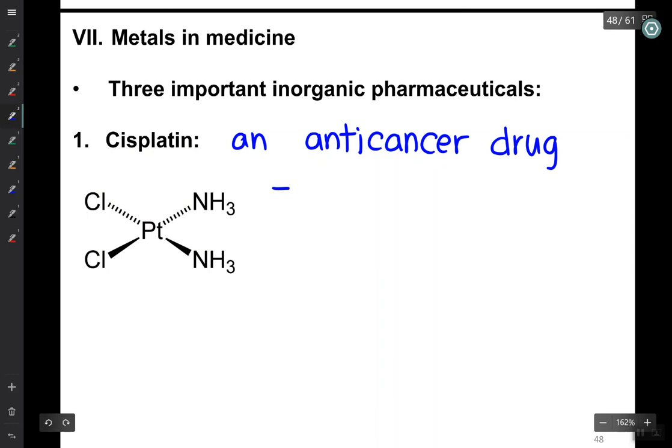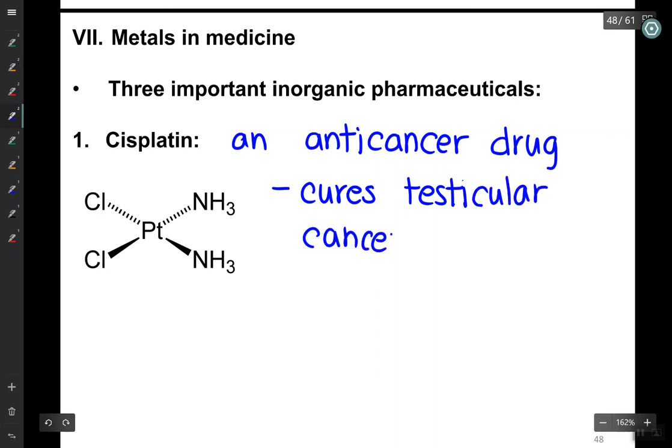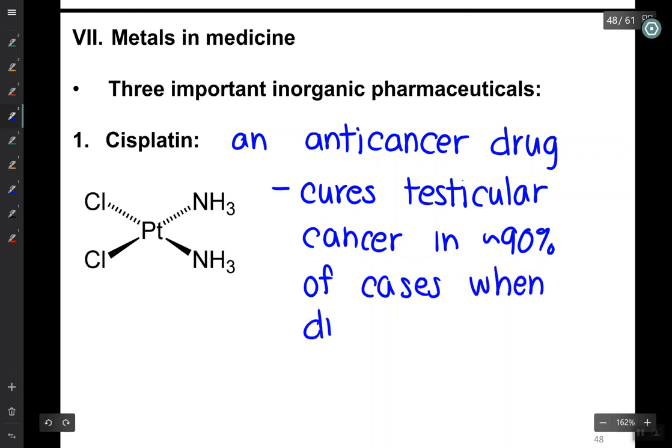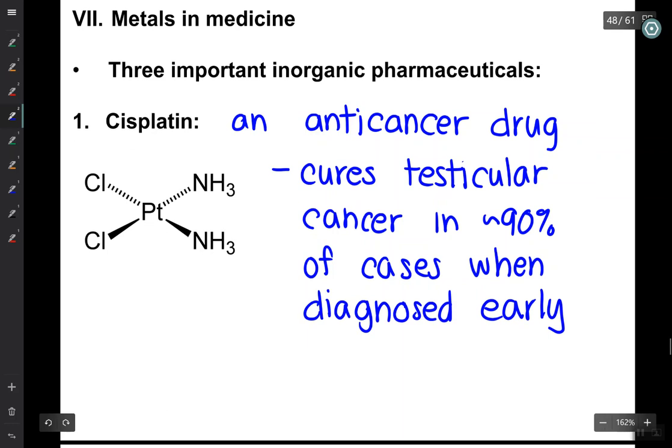The most incredible thing about this drug is that it cures testicular cancer in about 90% of cases when diagnosed early. I think this is still true that cisplatin is one of the most commonly prescribed drugs for cancer.